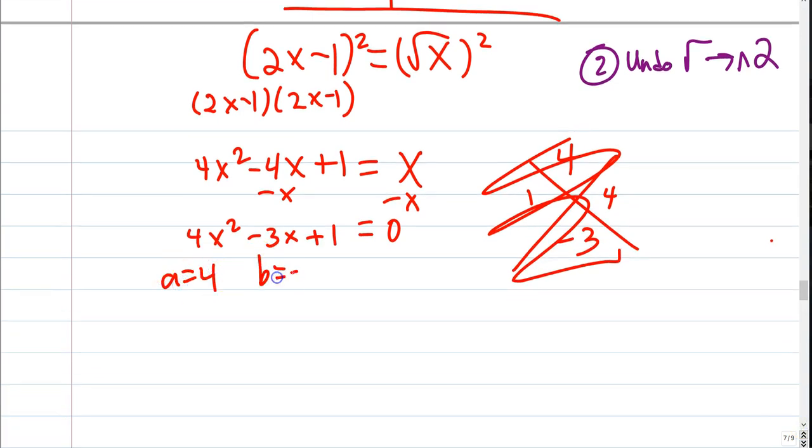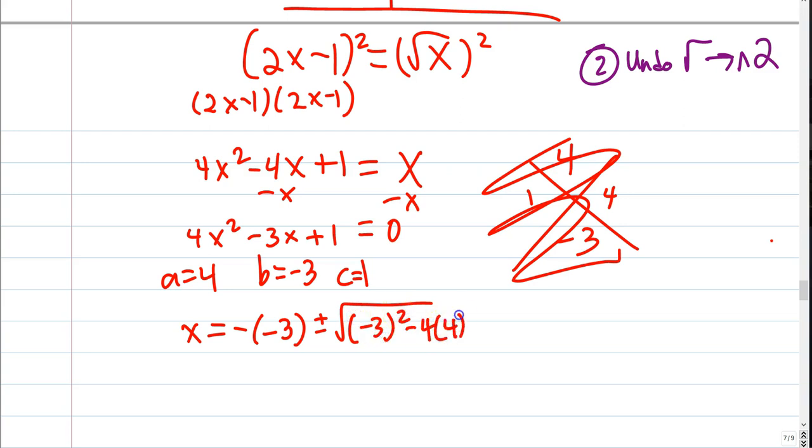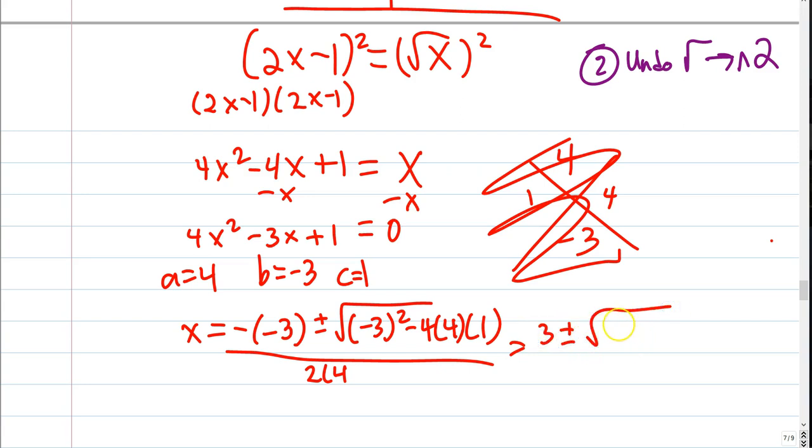A is 4, b is negative 3, c is 1, so that x is equal to negative b plus or minus the square root of b squared minus 4 times a times c, all divided by 2a. x is equal to positive 3 plus or minus the square root of 9 minus 16, all over 8. Be careful, 4ac. x is equal to 3 plus or minus the square root of negative 7 over 8.